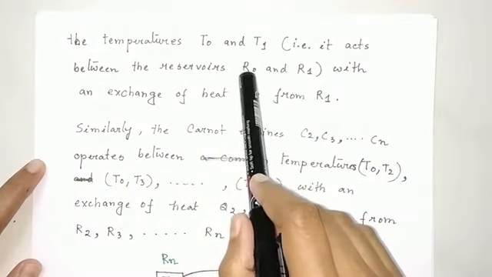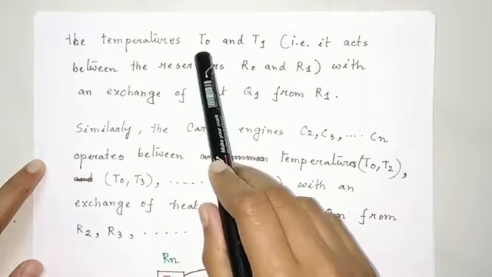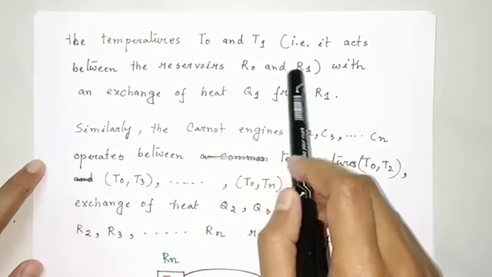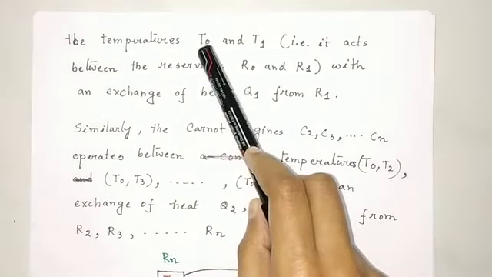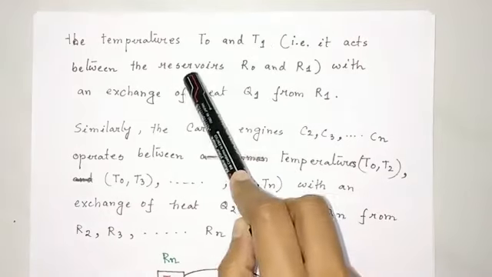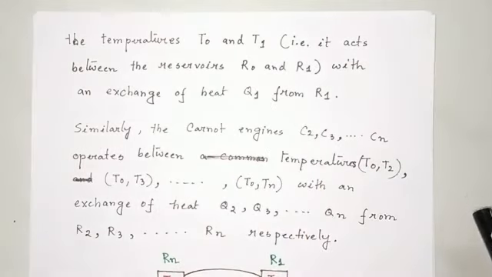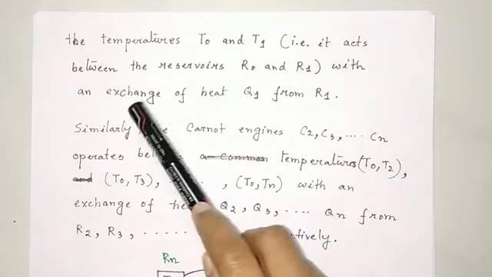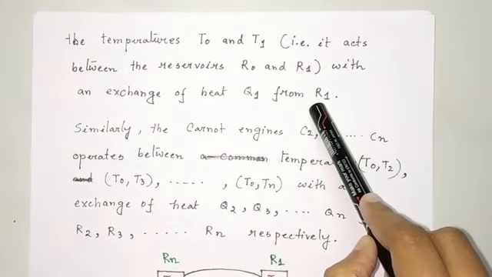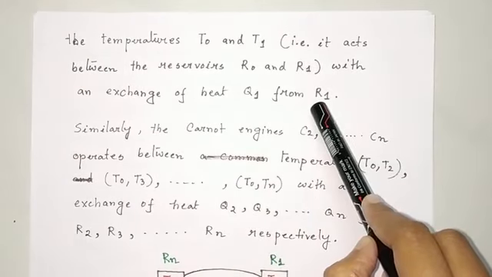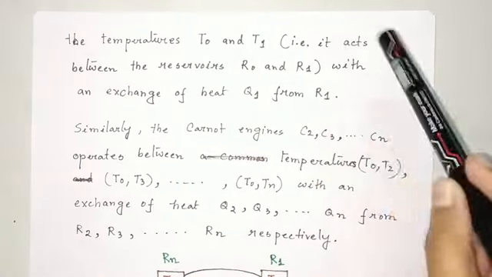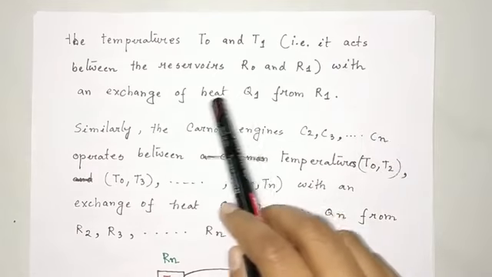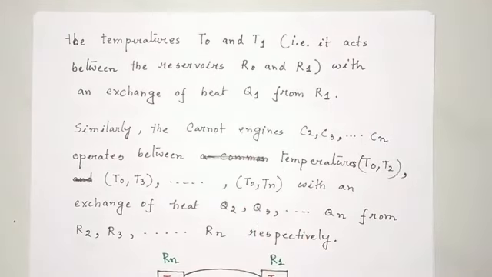As R0 is at temperature T0 and R1 is at temperature T1, it is said that C1 operates between T0 and T1, with an exchange of heat Q1 from R1. It will exchange an amount of heat Q1 with the reservoir R1.